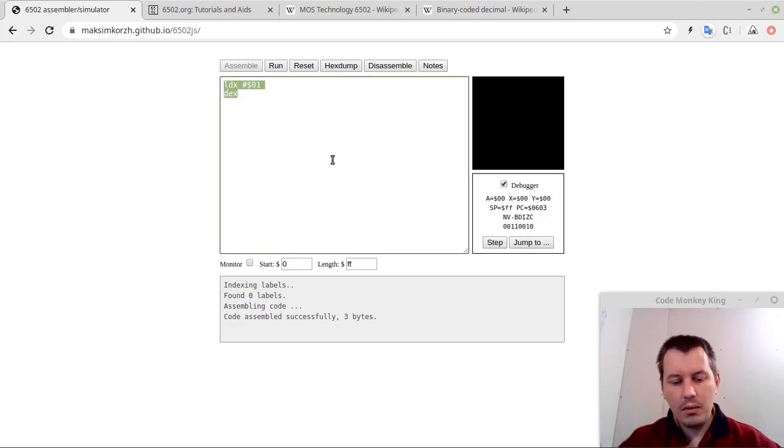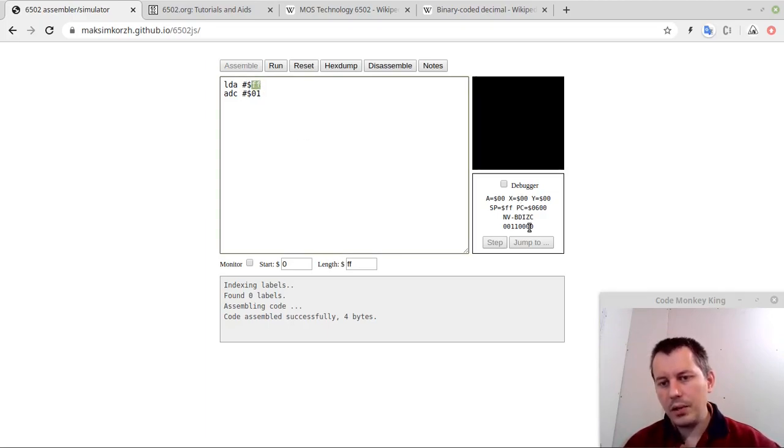And now the very last thing. Let's load the biggest value possible, ff, and let's add with carry the value of 1. Now what's going to be happening here? First of all, we'll set the 0 flag because the value wraps around, so from ff it turns to 0.